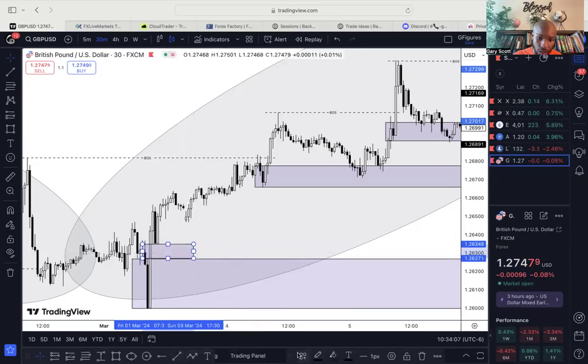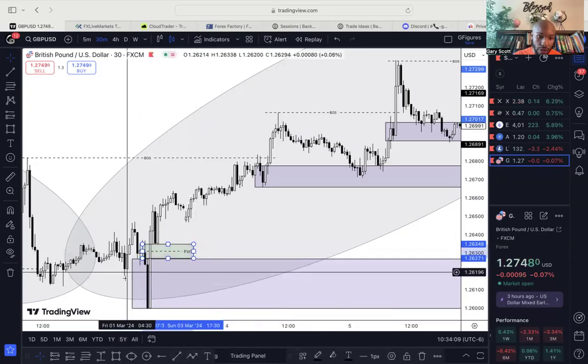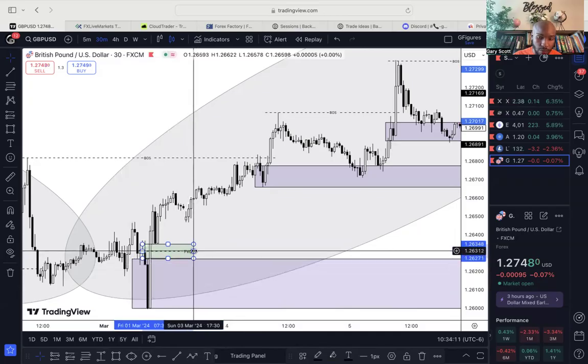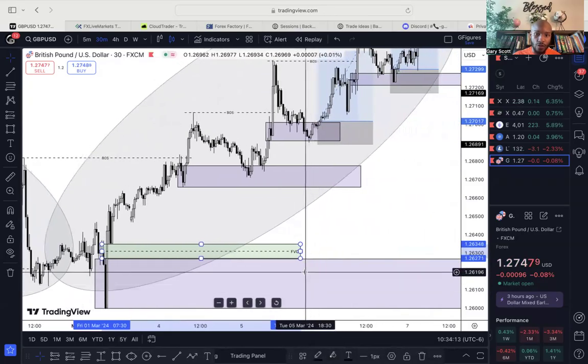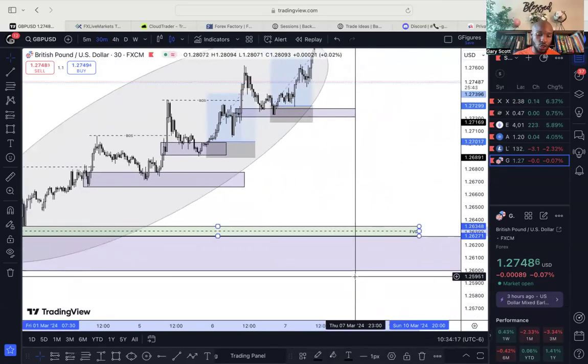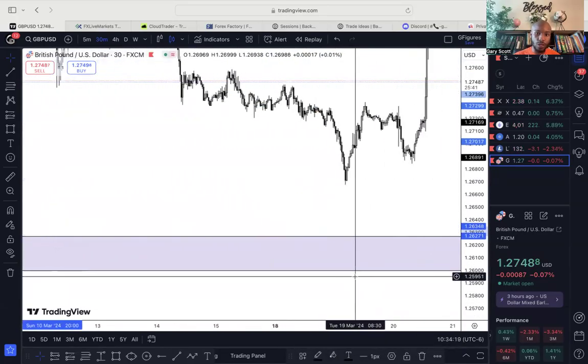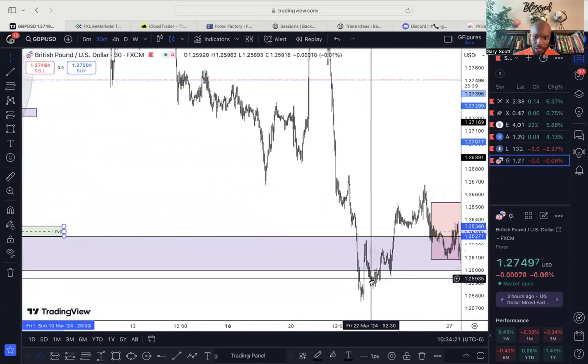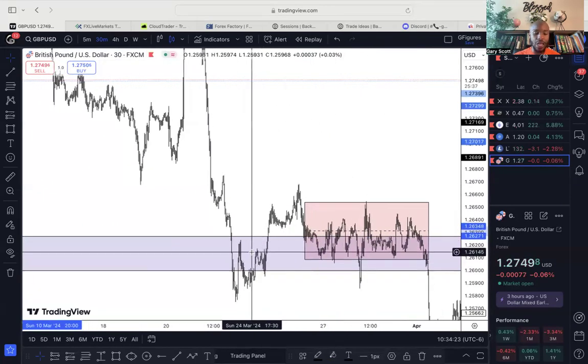All right. So along with this already being an order block level to here, we also have a fair value gap level that has not been touched that is attached to an order block, which means sooner or later, if you guys look at this, price came right back to that level.